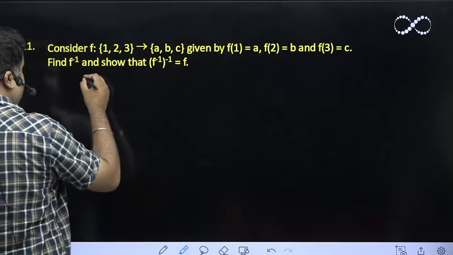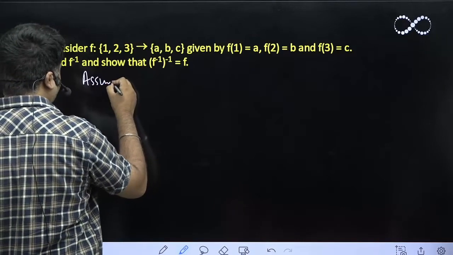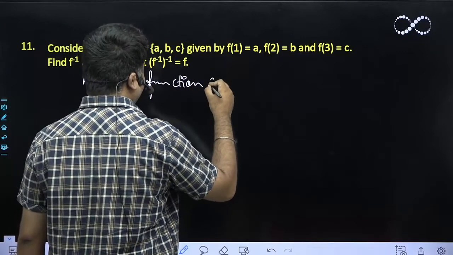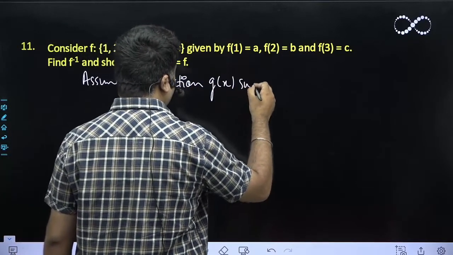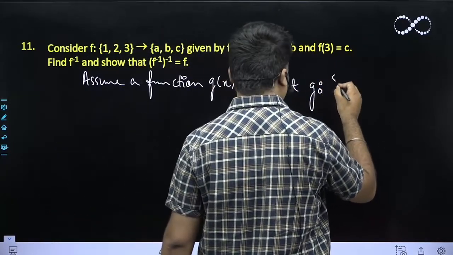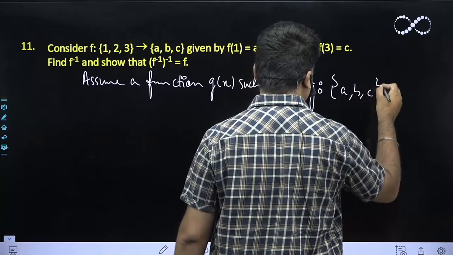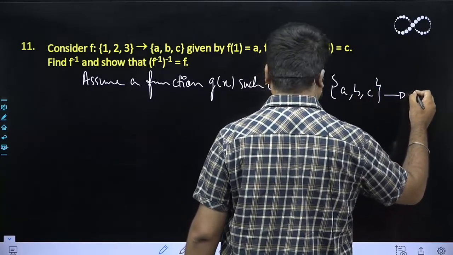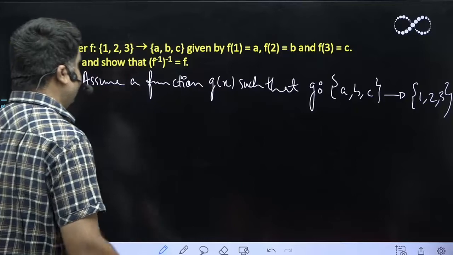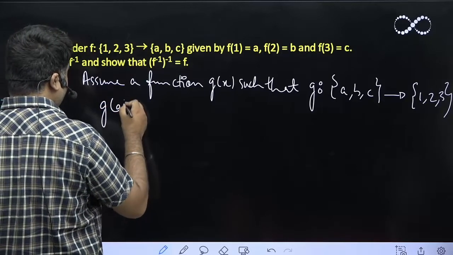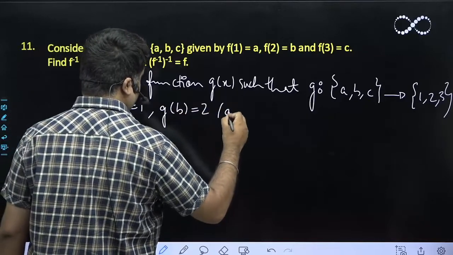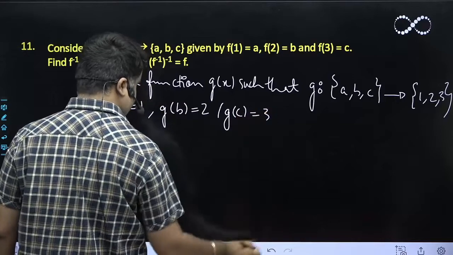So in this case, we have to assume a function g(x) such that g goes from {a, b, c} to {1, 2, 3} and g(a) is equal to 1, g(b) is equal to 2, g(c) is equal to 3.